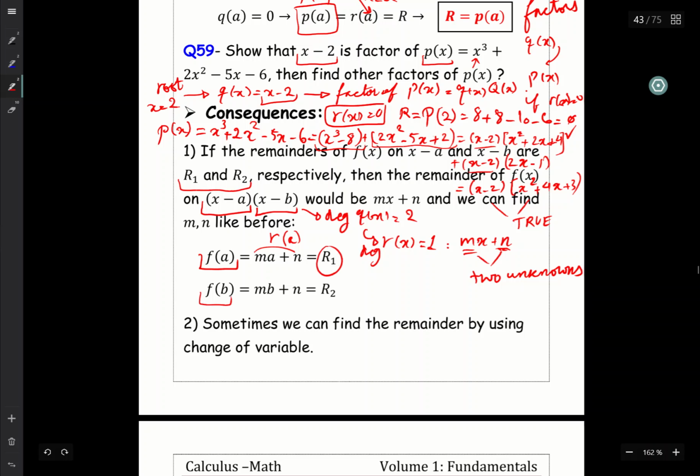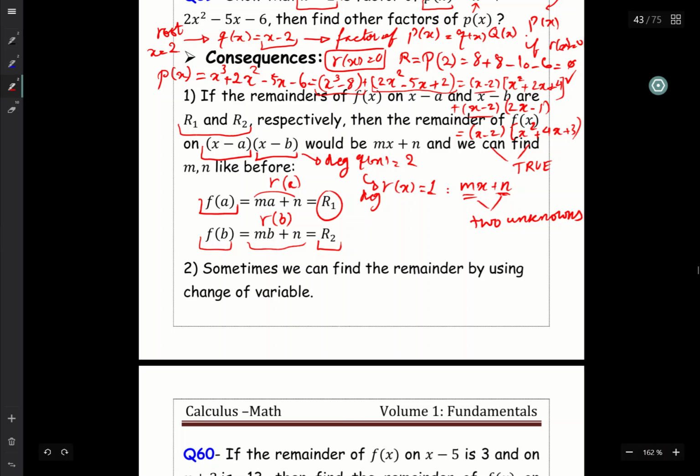The same situation here, f of b is equal to r of x at x equals b, and that's actually the remainder of dividing f of x by x minus b, right? So the equality of f of a equals r1 comes from dividing by x minus a, and the equality of f of b equals r2 comes from dividing by x minus b.